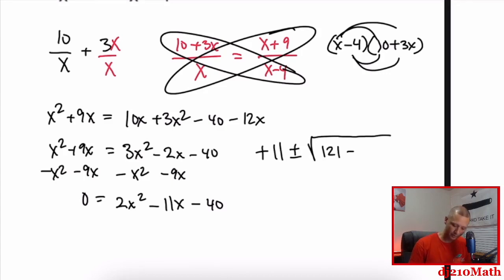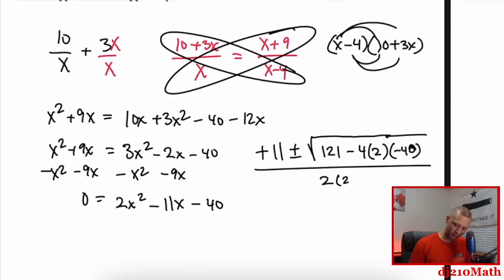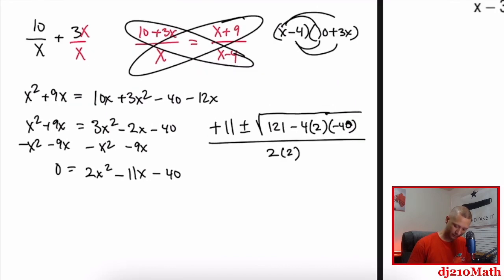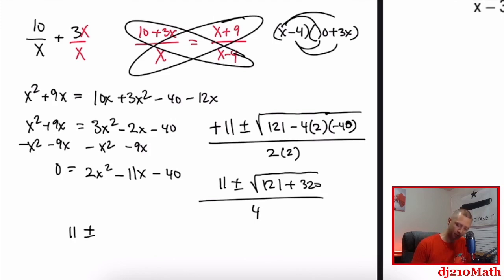Minus 4 times A, which is 2, times C, which is negative 40, all over 2 times A. So we have 11 plus or minus, what is this? 121 plus 8 times 40, so 320, over 4, which is 11 plus or minus 441 over 4.